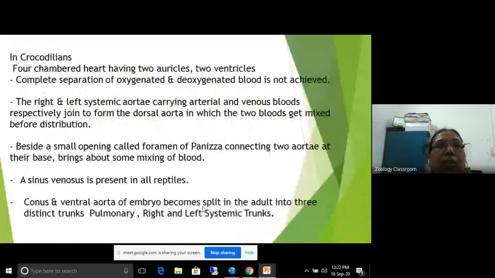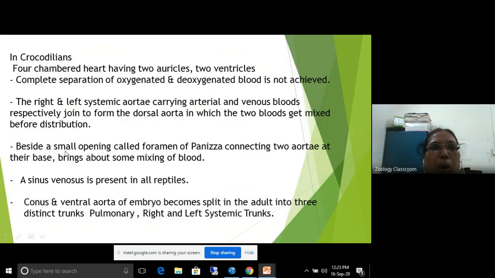So we see in the crocodile a four chambered heart having two auricles and two ventricles. Complete separation of oxygenated and deoxygenated blood is not achieved. The right and left systemic aortae, carrying arterial and venous blood respectively, join to form the dorsal aorta, in which the two bloods get mixed before distribution.